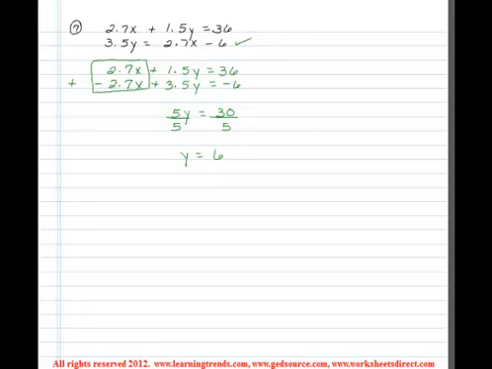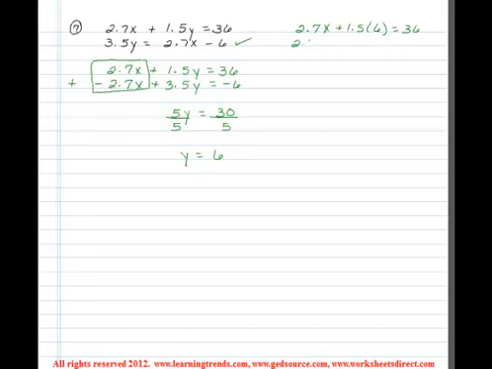Let's go ahead and substitute that 6 in for y, and let's use our first equation. Okay, and you're going to want to have your calculator handy for this. So we have 2.7x plus 1.5 times 6 equals 36.